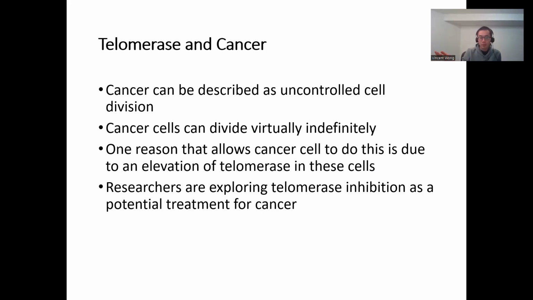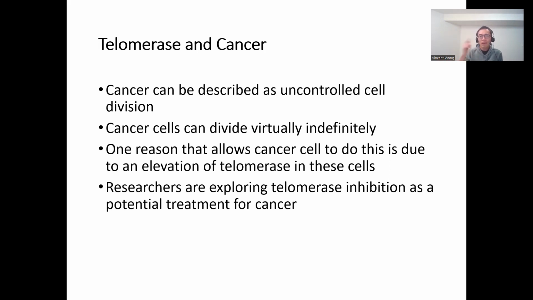Well, it turns out that when telomerase is turned on in regular cells, other than germ cells, in a somatic cell, that is a problem. That can turn regular cells into cancerous cells, because cancer is basically uncontrolled cell division.